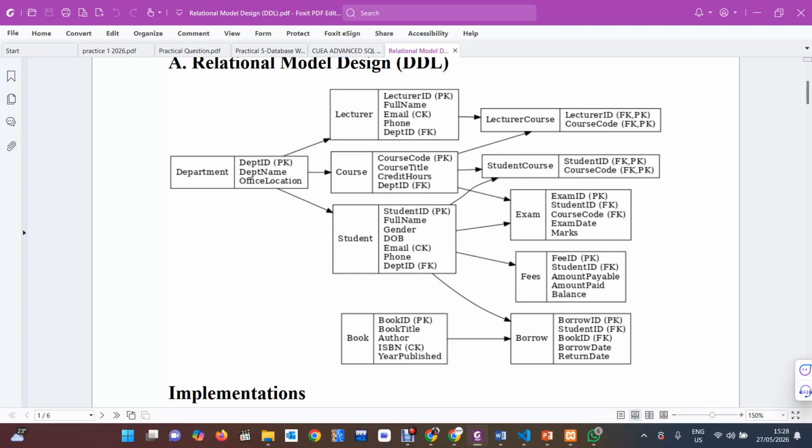Therefore, it's very important that you identify such. So to answer that question, you have the department, which is like the mother. Therefore, the department is said to have department ID, which is your primary key, department name, office location, either Zadwa or H or whatever. So you have lecturers. Every lecturer has a lecturer ID, which is their primary key because it uniquely identifies them.